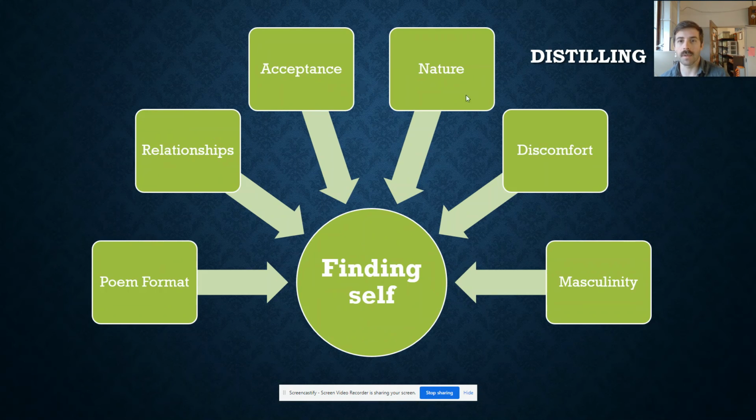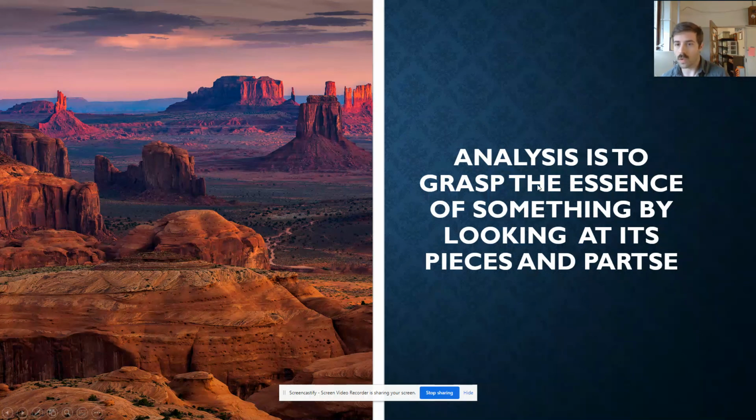So this would be an example of a graphic organizer that you could use to help you with analysis. Remember, as a final idea, analysis is to grasp the essence of something: what truly makes this thing be what it is, by looking at its pieces and its parts. I spelled parts wrong there. Think about analyzing the layers of rock in Monument Valley or the Grand Canyon, right?